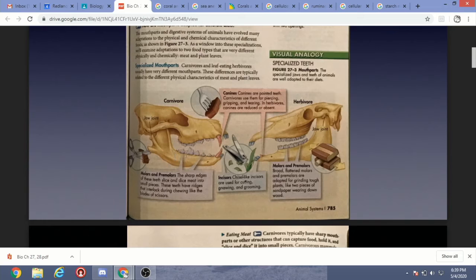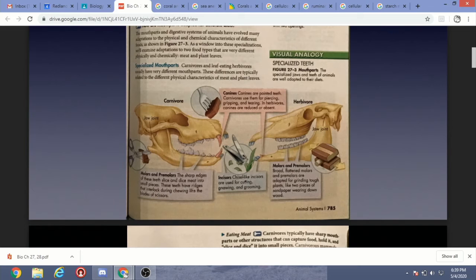Now in the back of our mouth, and for other carnivores, you have molars. And the molars are going to have really sharp edges, and that's going to be used for slicing and dicing. There's your highlighter again. Those are your verbs, slicing and dicing. And this is really cool.